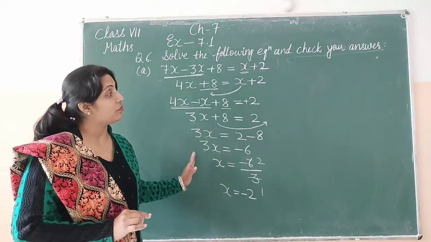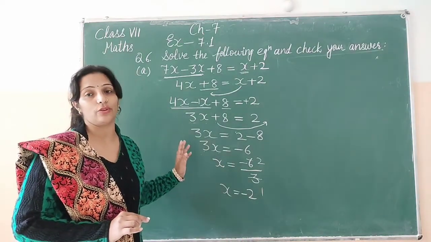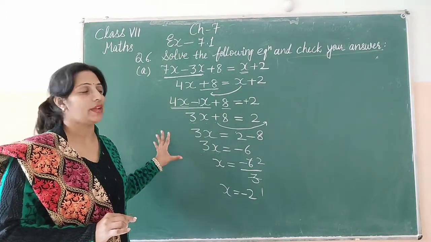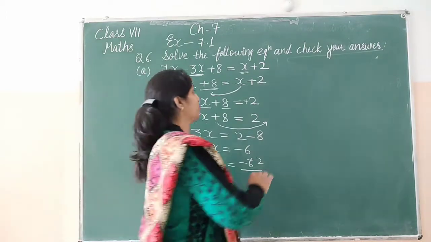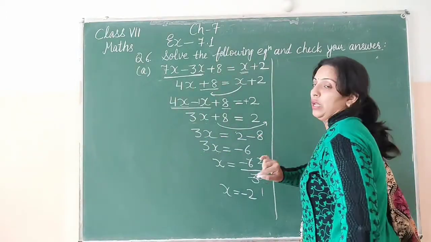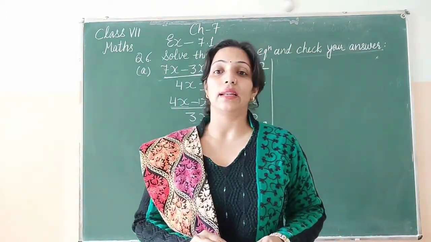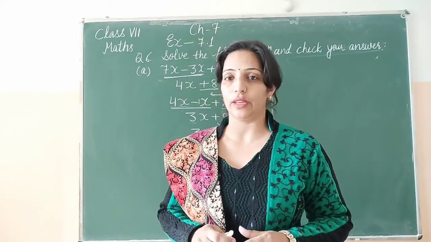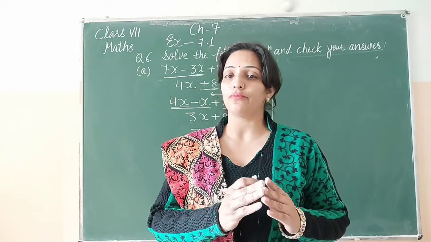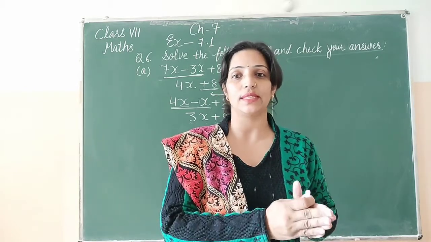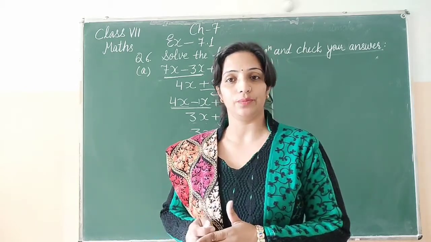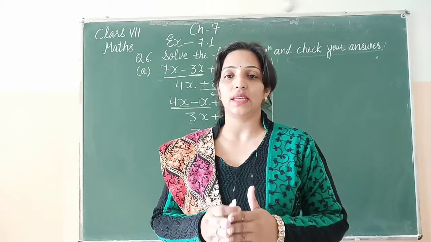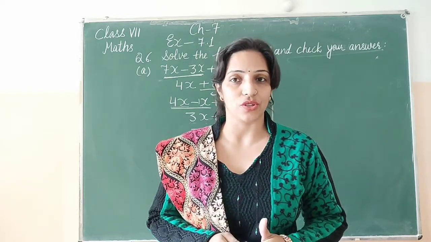But now we have to check, is it correct value or not? Is left hand side equal to right hand side? If left hand side is equal to right hand side, we were saying yes, this is the solution of the equation.